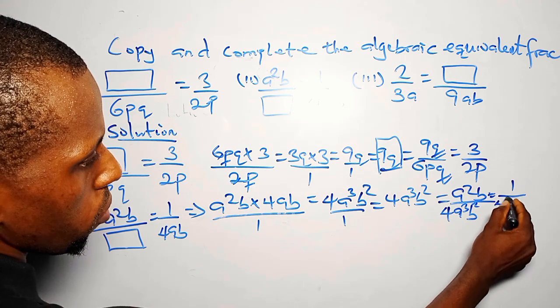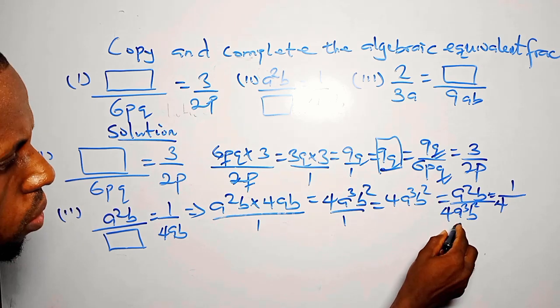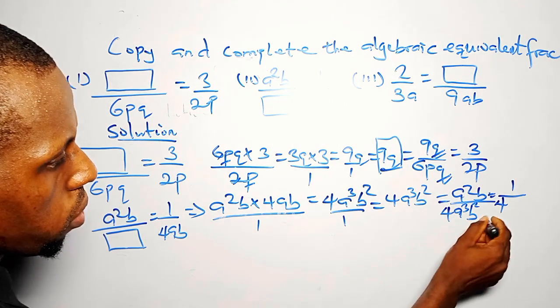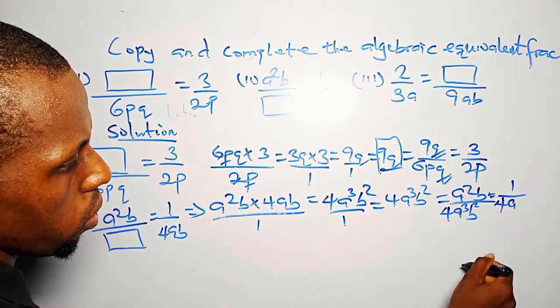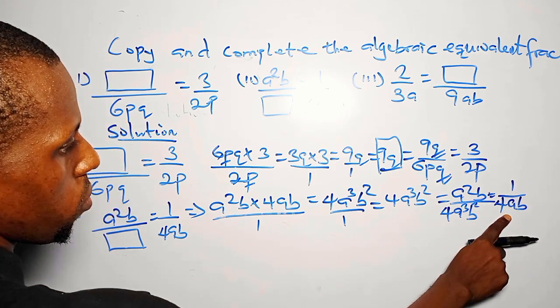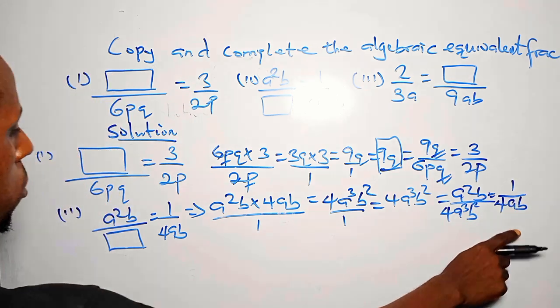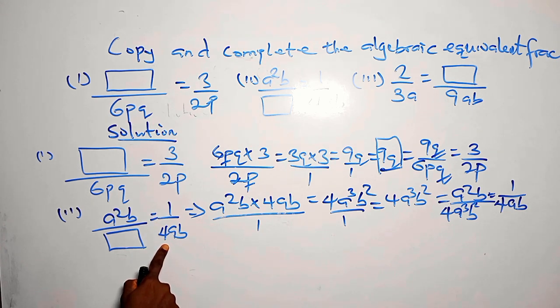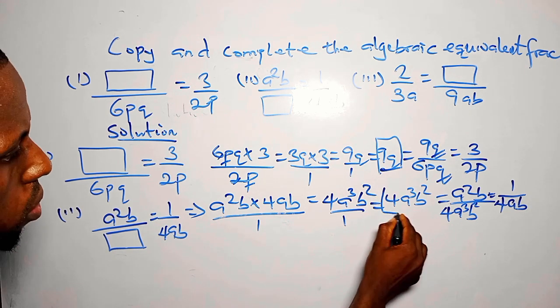So we have our 4. Since we have removed a squared from a raised to power 3, we have just 1a. We have removed b from b squared, we have just b. So we have 1 divided by 4ab, which is the same thing as this. So the best answer to this place is this.